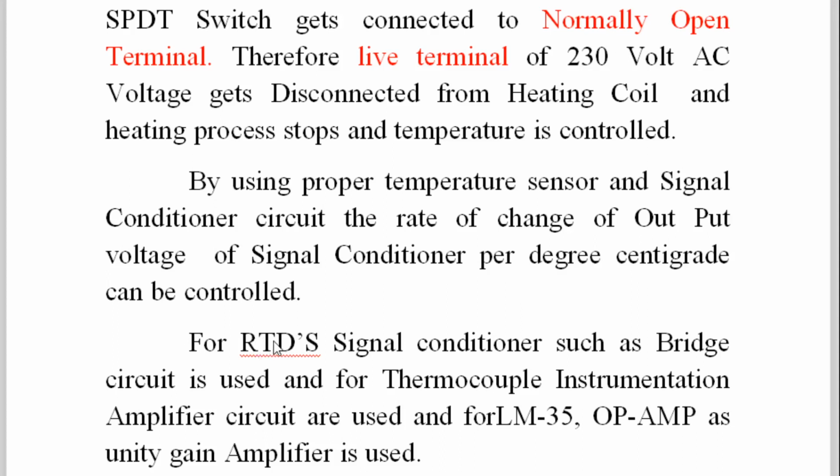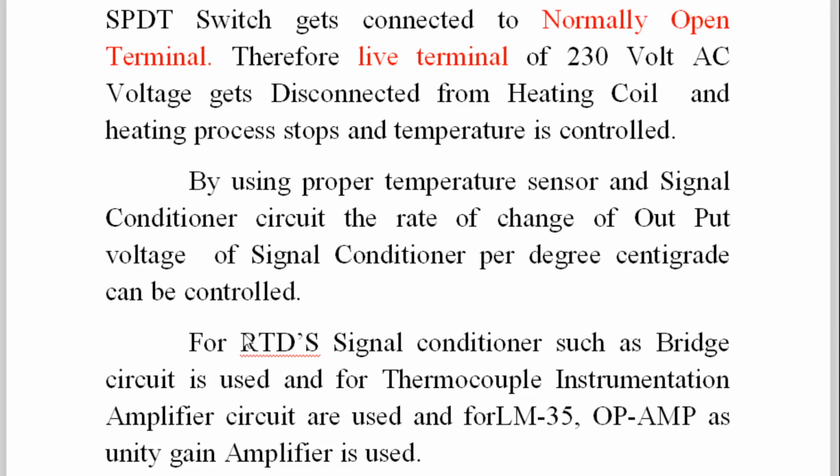Because they are made from metal, and when the temperature surrounding the metal increases, the resistance of the metal also increases. So RTDs have a positive temperature coefficient, PTC. Semiconductors have NTC, negative temperature coefficient. So for RTDs signal conditioners such as a bridge circuit are used, for thermocouple an instrumentation amplifier is used as the signal conditioner, and for LM35 an operational amplifier as a unity gain amplifier is used as a signal conditioner.